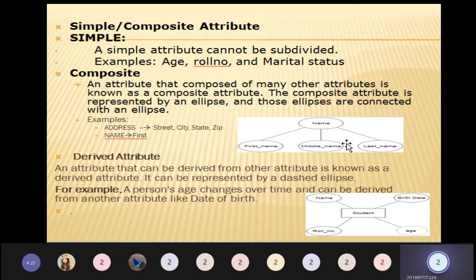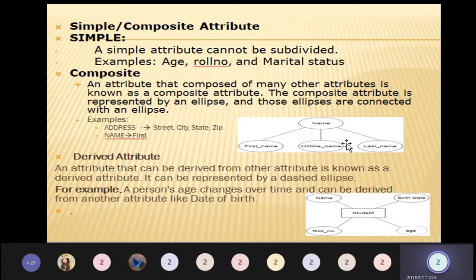Suppose we take the address attribute, which is composed of other components like street, city, and pin code. This is how a composite attribute is written.